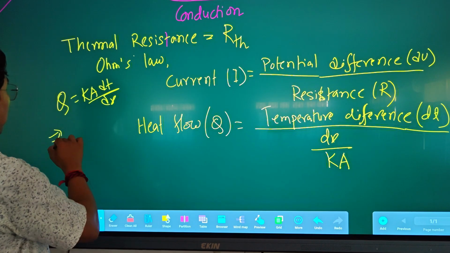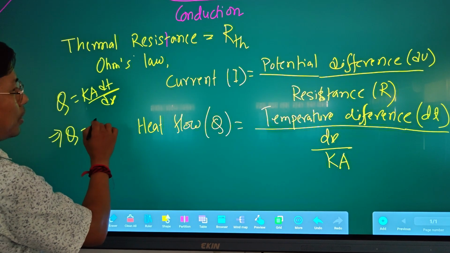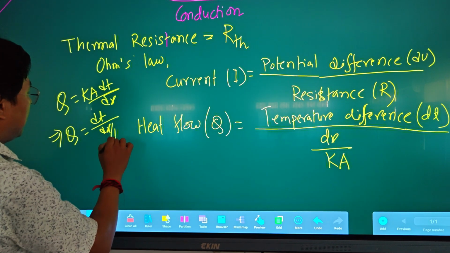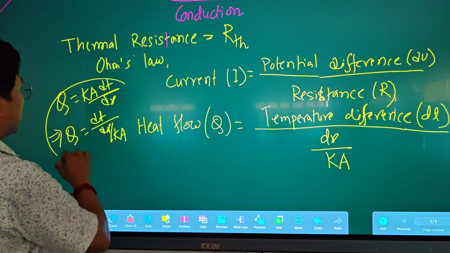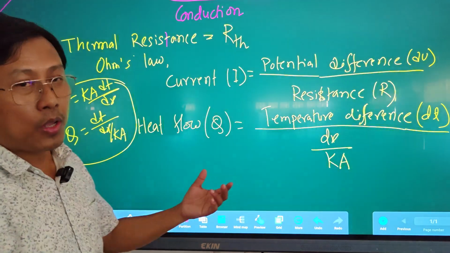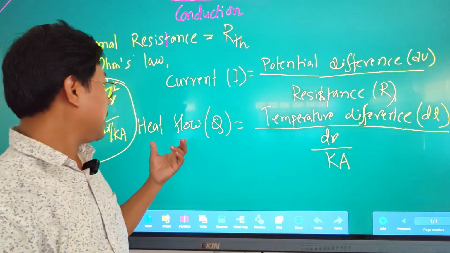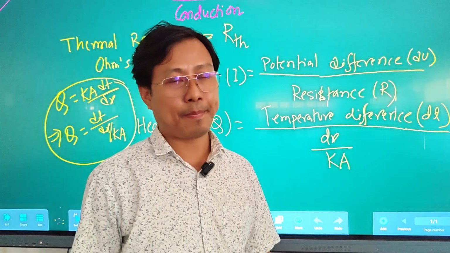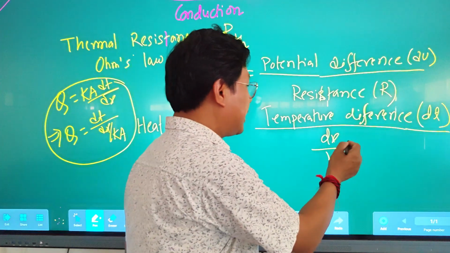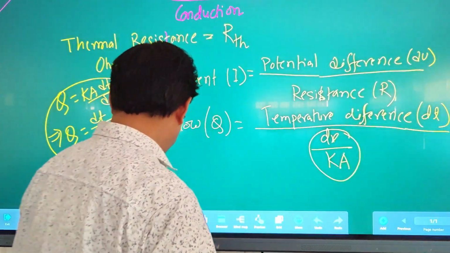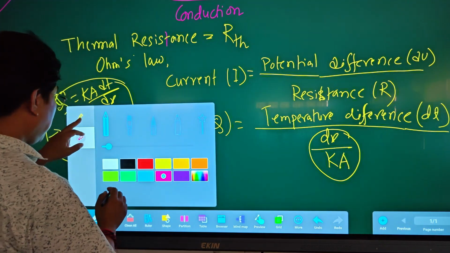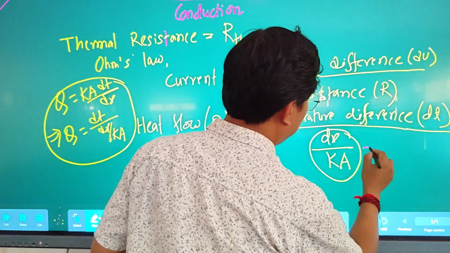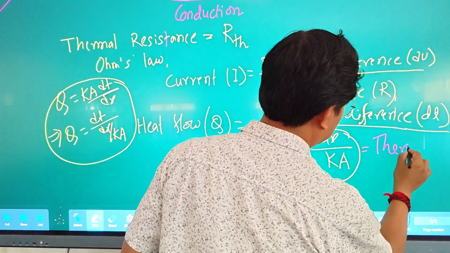From here we can find out Q equals dt divided by dx by Ka. So using this equation, we can find out the heat flow Q equals temperature difference by dx by Ka. And here this is termed as thermal resistance.